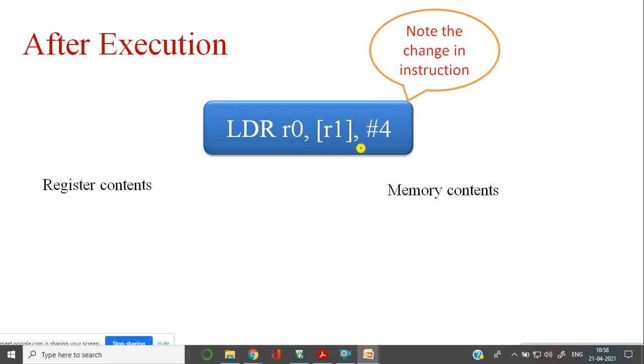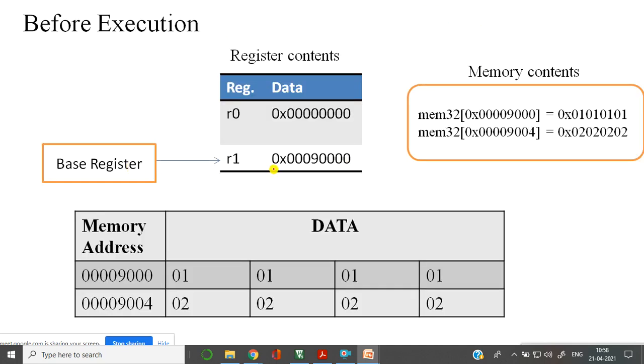Post indexing. Post means after placing the data from the data that is present in R1, then you increment the address by the offset address, right? The base address should be incremented later. It means R1 will be pointing to some address location, and it is pointing towards 9000.